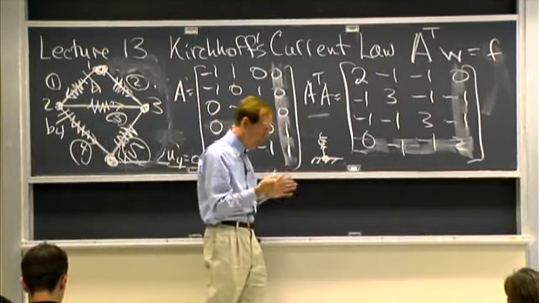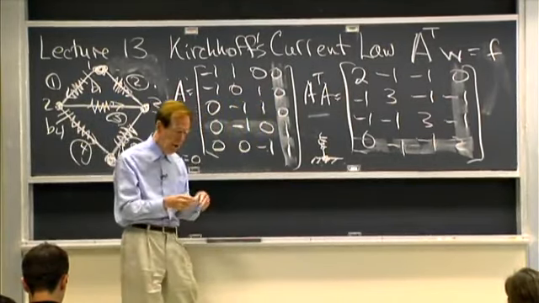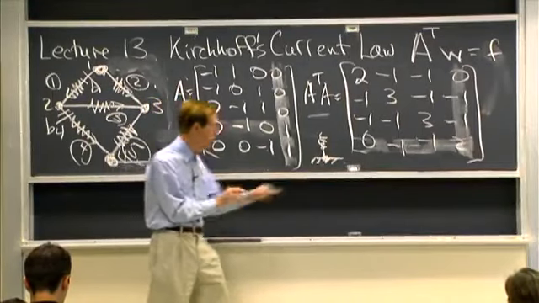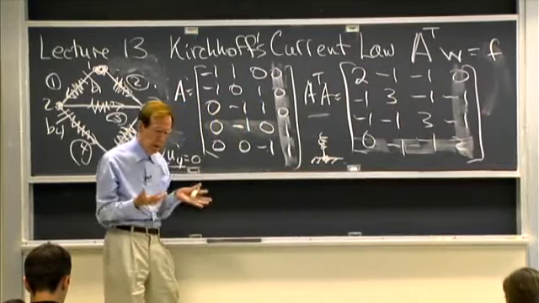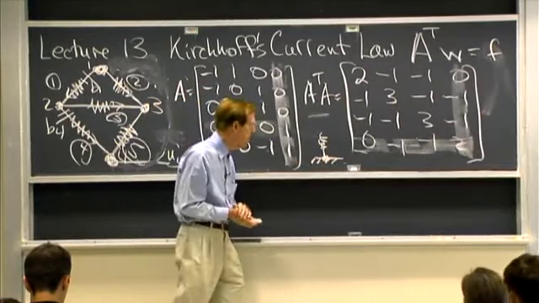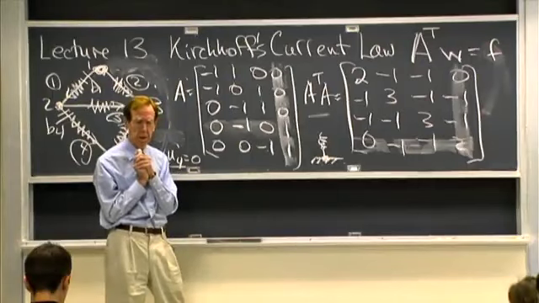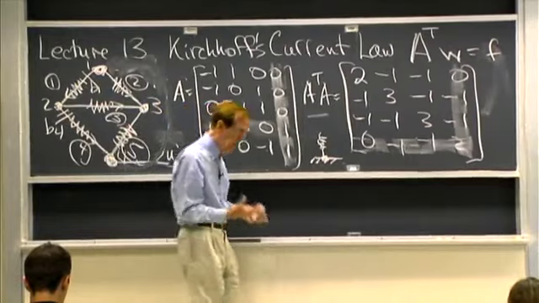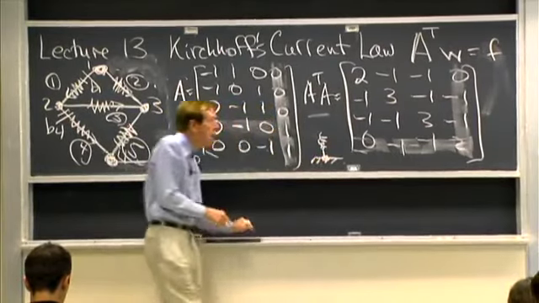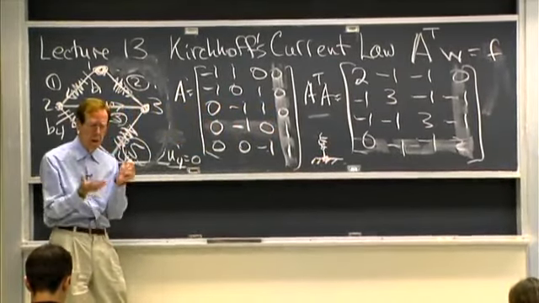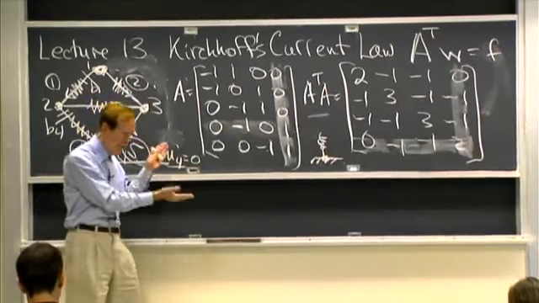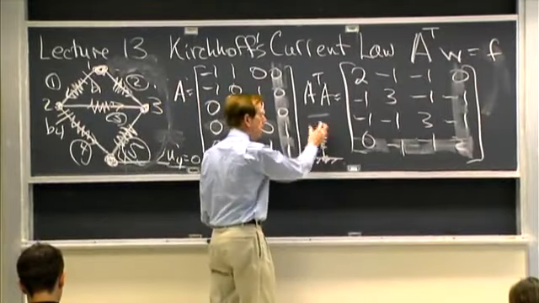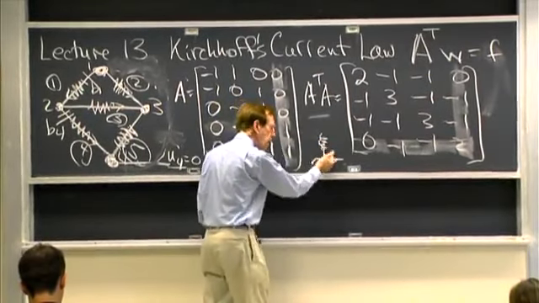The force balance will hold, and it will tell me, after I've solved the rest of the problem, what the support has to supply, how much force the support is actually supplying. It's called a reaction force. So a reaction force is whatever the support has to do to fix that displacement. And so I solve for all the other displacements and all the spring forces.